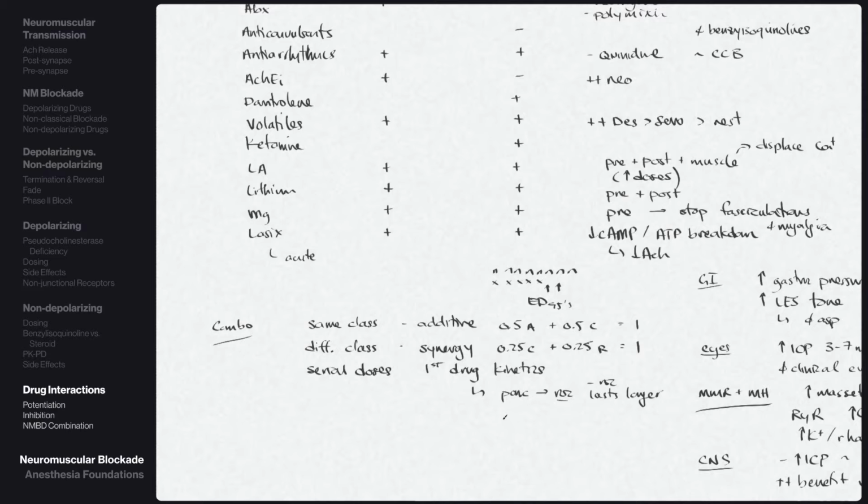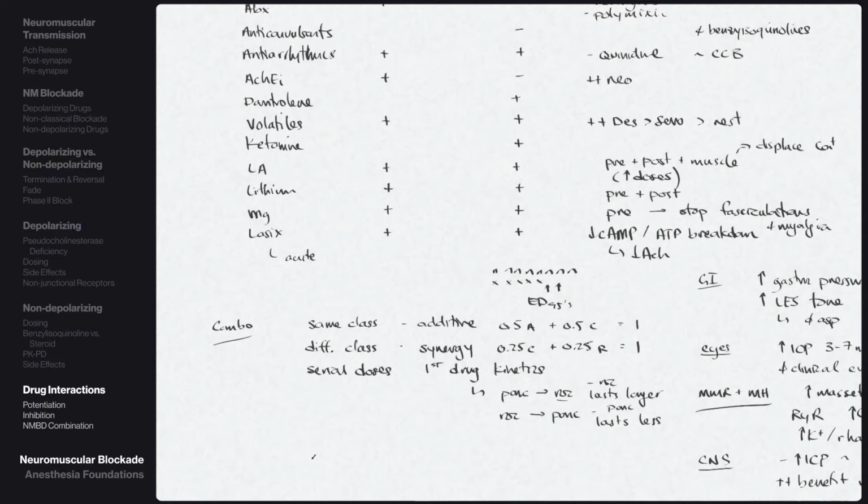Separately, if we were to give roc first and then pancuronium, what we'd see is that the panc doesn't last as long as you'd normally expect. So it lasts less. That's probably because these receptors are mostly filled with rocuronium, and so the leftover effect is probably shorter than you'd normally expect for pancuronium.